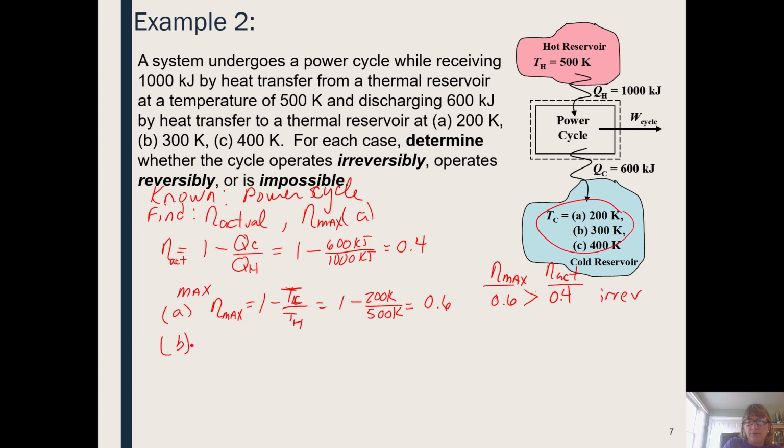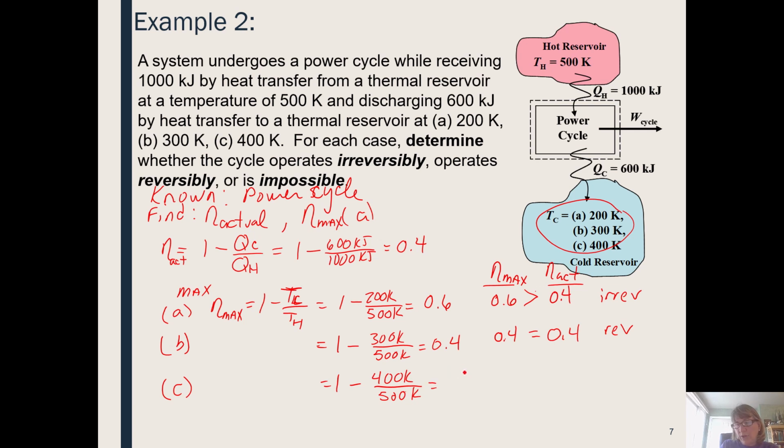If we look at B, here we have 1 minus 300 divided by 500, and that equals 0.4. If our actual is equal to our max, then our system is reversible. Okay? And if we look at C, we have 400 divided by 500, and we find that this is 0.2.